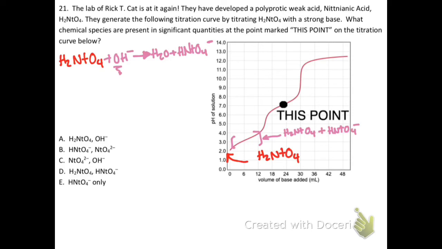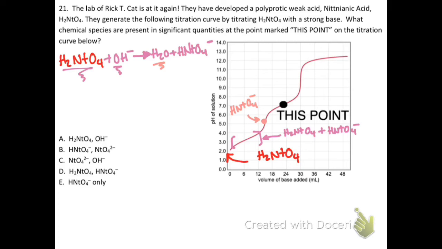Okay, so eventually though, something's got to give. And if we have an equal number of moles of OH minus and the H2NTO4, we're going to reach the equivalence point. And at the equivalence point, what's going to happen? Well, we're going to use up both this and this and only be left with water and this first conjugate base. So at the first equivalence point right here, at this point, all we have is HNTO4 minus.